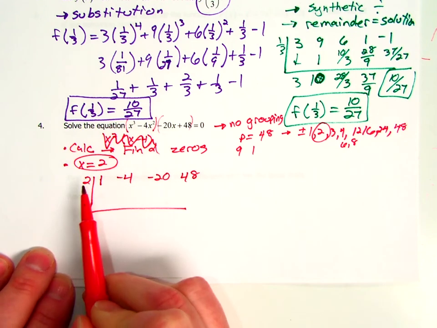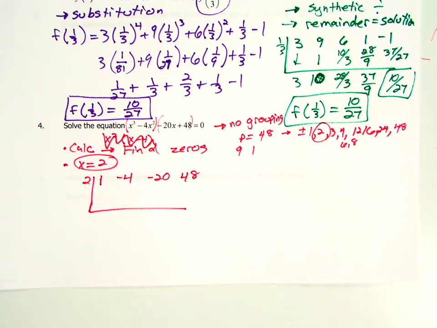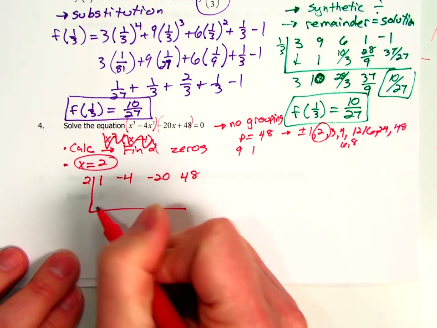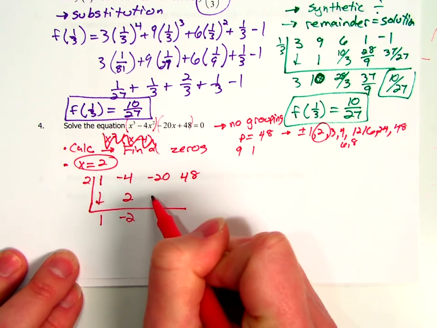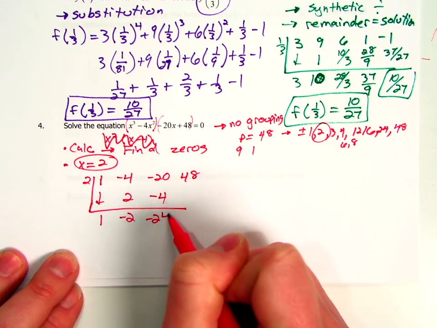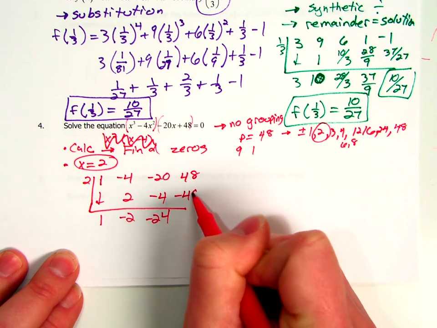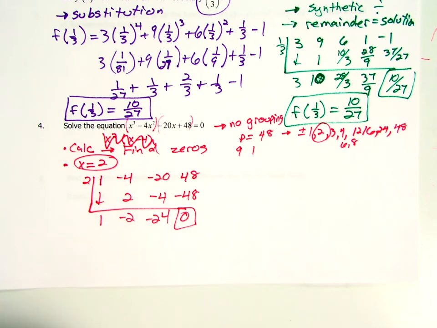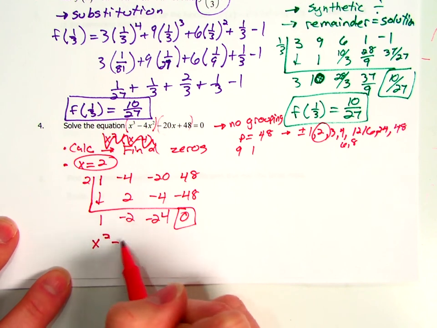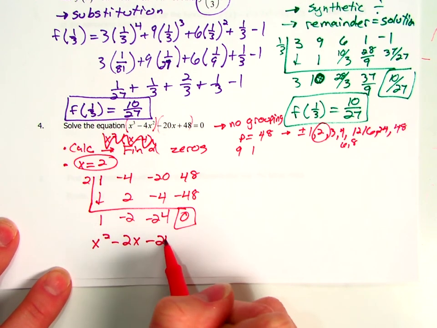Now you could have used one of the other zeros as well, but I just chose to use the 2. In the end, you'll get the same answer. So this would be 1, 2, -2, -4, -24, -48, and 0. So this confirms that it is a solution and that my new equation is x squared minus 2x minus 24.